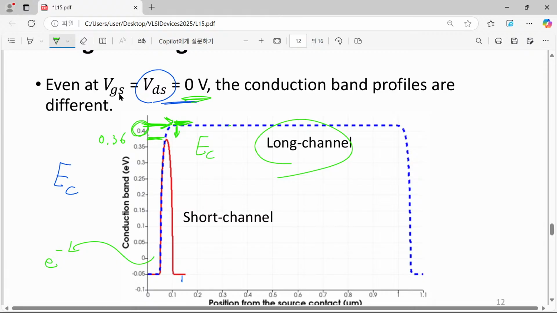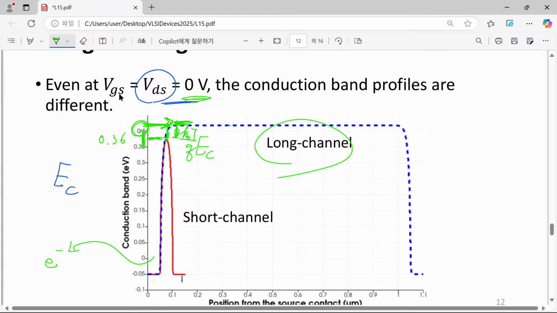Since the barrier height is slightly reduced, now our current can be increased exponentially. Please note that the difference is about 50 millivolt, corresponding to about 2 times kT over q.